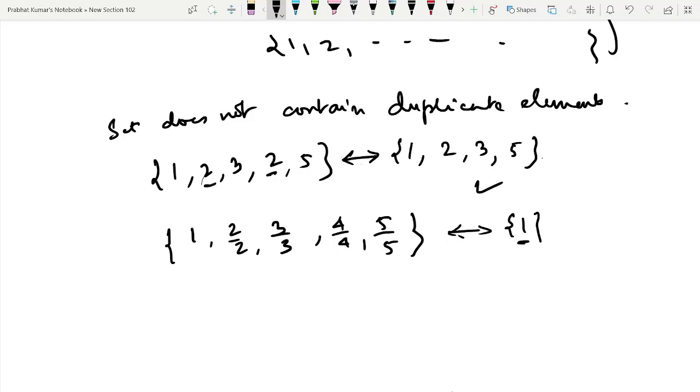But you have to keep in mind that the division operation is not present inherently in this basic primitive set structure, right? 2 by 2 is 1 when you know what division is, right? And division comes after you define a set. You define division on numbers, so numbers come first, right?